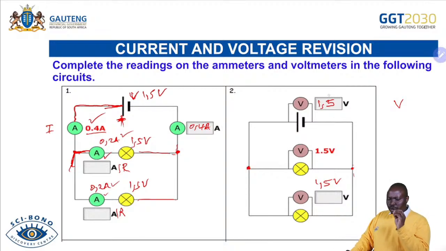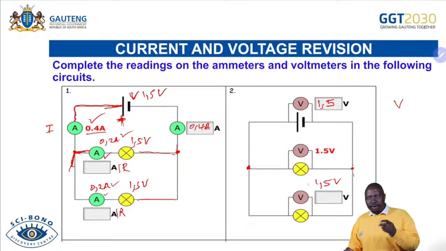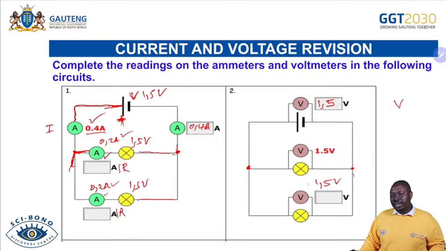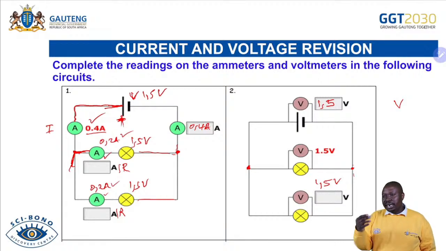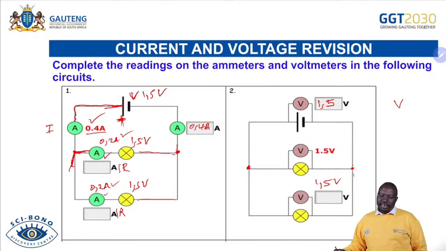No, it's 1,5 volts that all of them are drawing from the same cell. So that cell is supplying all of them with 1,5 volts until it becomes flat. Remember, when it's flat, it won't be able to function any longer. So understand that the potential difference remains the same when the light bulbs or the resistors are connected in parallel.